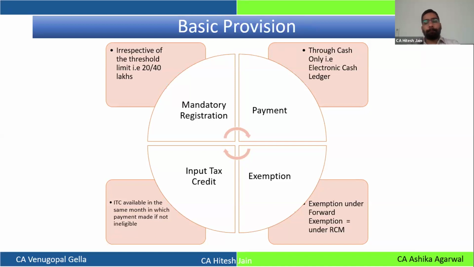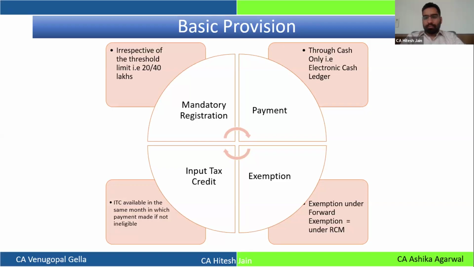So over here, basically, what we are trying to say is that under RCM, liability is there irrespective of whether you are engaged in providing 100% exempt supply of goods or services, or you are engaged in providing taxable supply. However, you are not registered, your turnover being below the threshold limit.